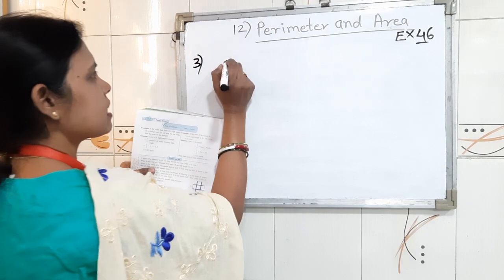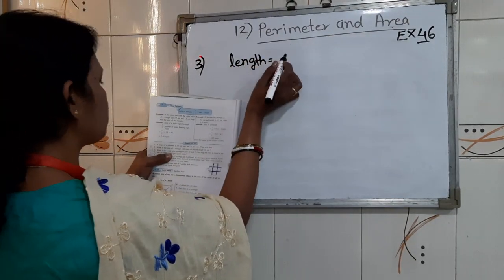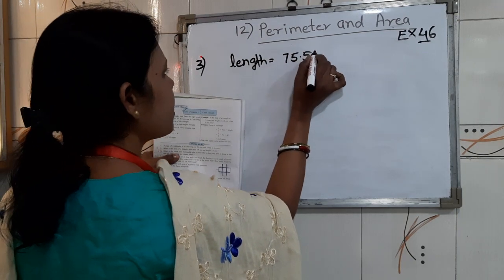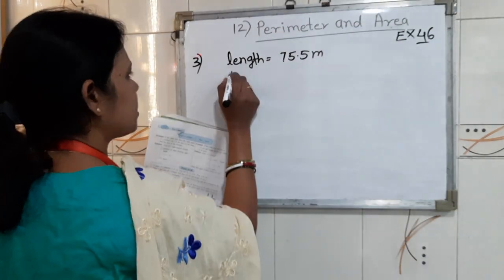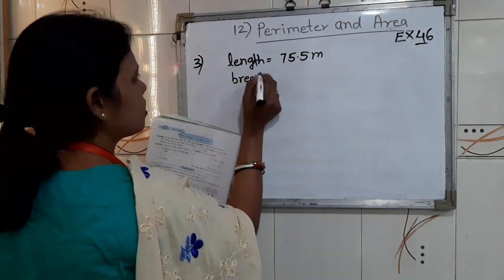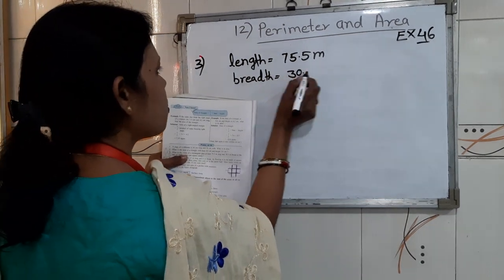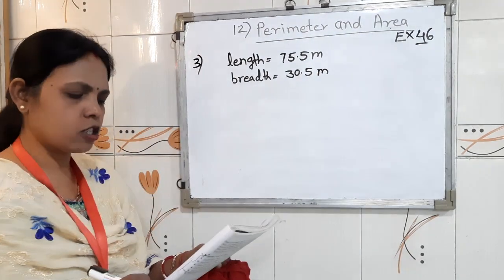Long means length. Length equal to 75.5 meter. Next one, broad. Broad means breadth. Breadth equal to 30.5 meter. Now length and breadth is given.